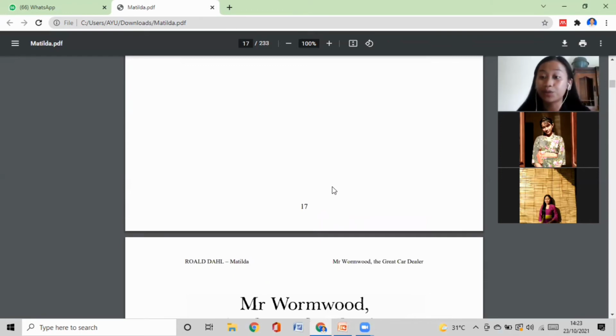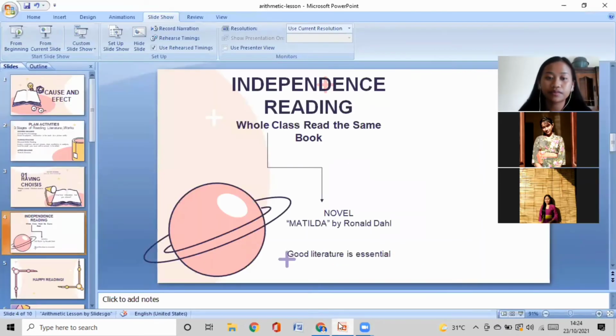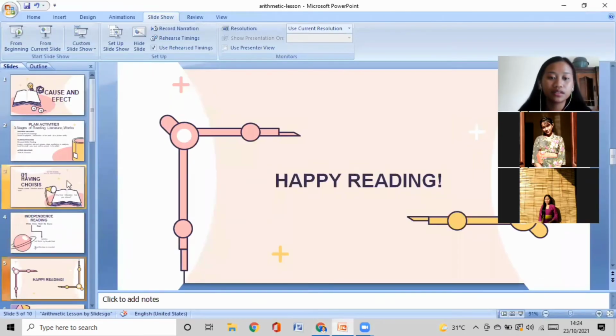Okay, you have to read from page 3 to 17 only. Yeah, only one chapter. So far, any question? No, Miss. Okay, thank you for the response. So happy reading.